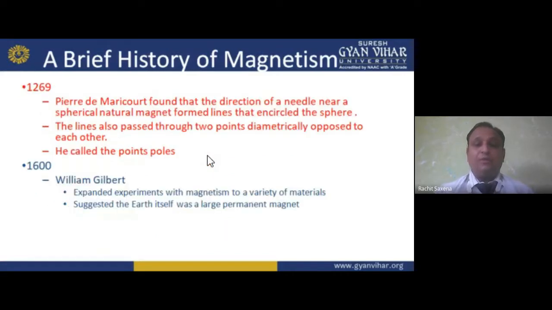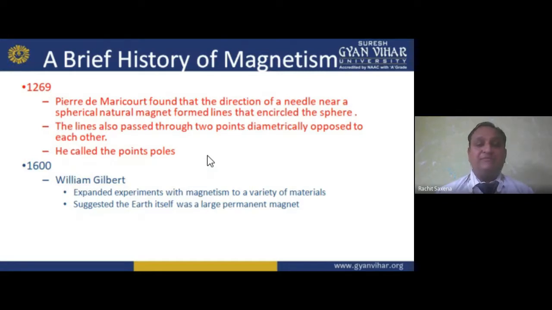Next, in 1269, Pierre de Maricourt found that the direction of a needle near a spherical natural magnet formed lines that encircle the sphere. That is why they are called flux lines: flux in the form of lines which attract or repel iron pieces or ferromagnetic material.